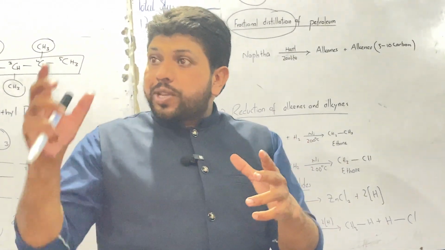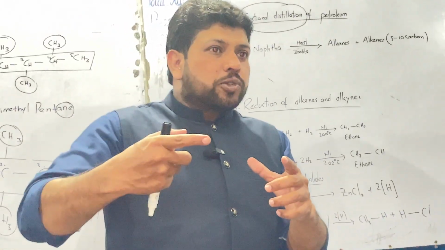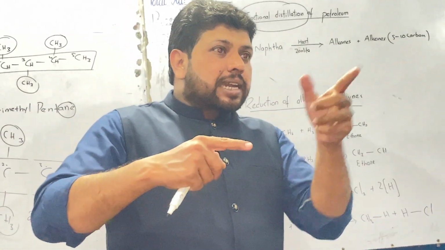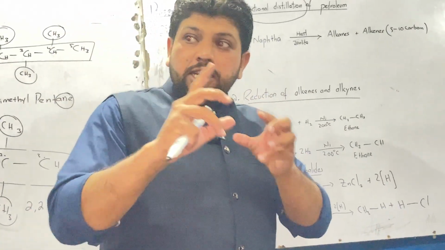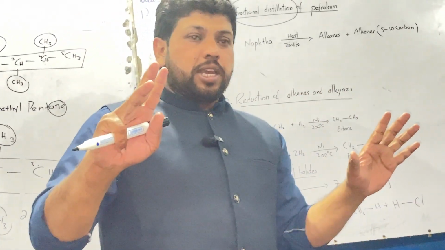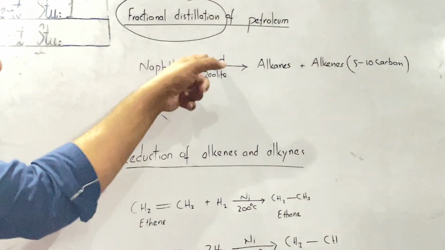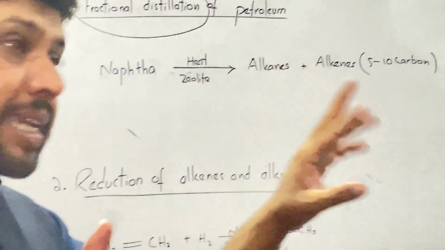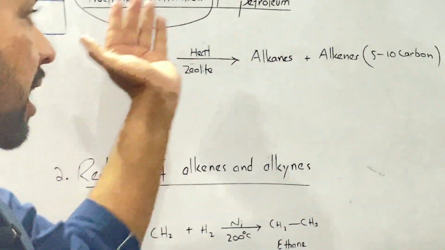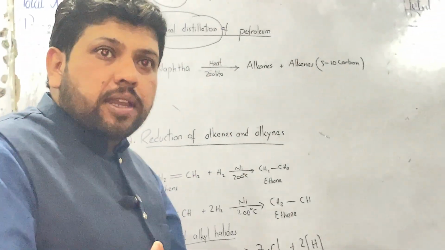It just speeds up the chemical reaction. It isn't used up in the chemical reaction. Clear? Okay, naphtha, when we provide heat in the presence of a catalyst, zeolite, splits up into alkanes or different alkenes.